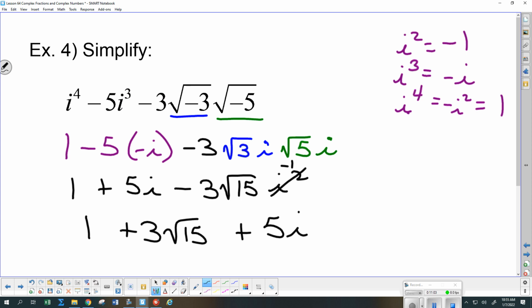Now I changed the order around just a little bit. Can anybody tell me why I changed the order? Ted? The i has to be very last. I have to have one real number plus or minus one real number times i. I can only have one i in there, and it has to be very last, so the i part's okay.